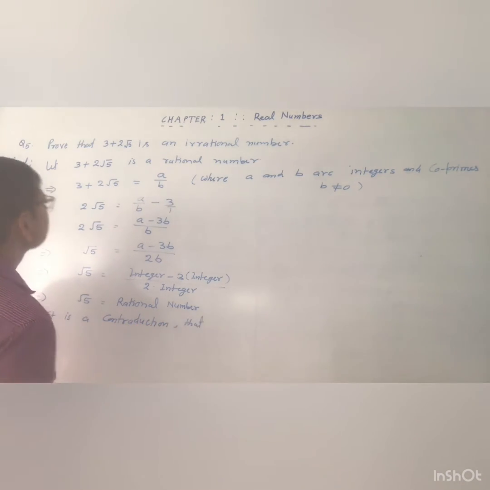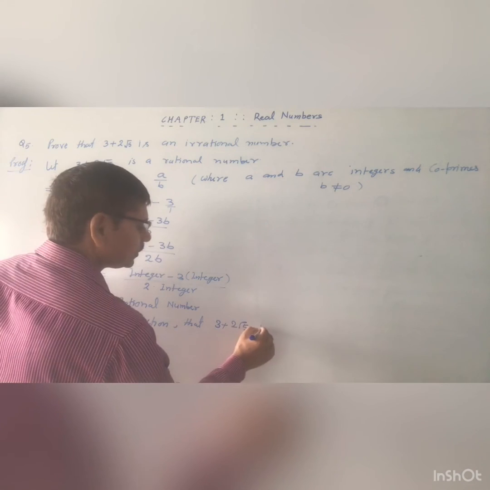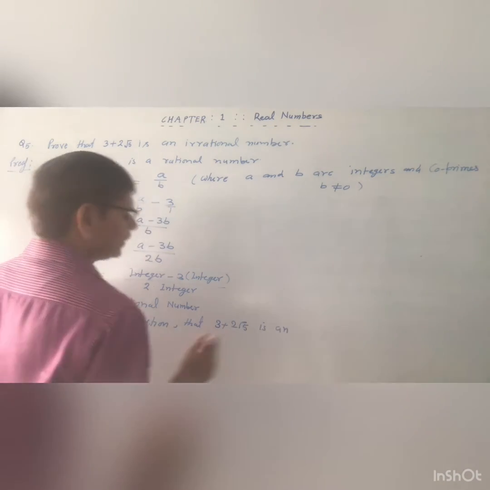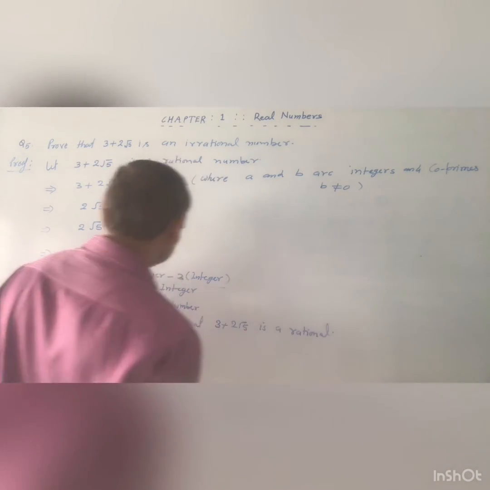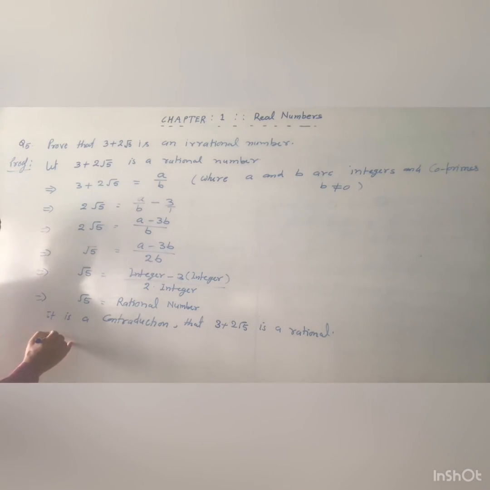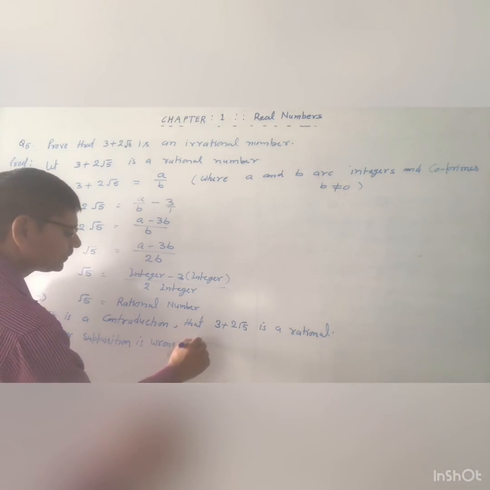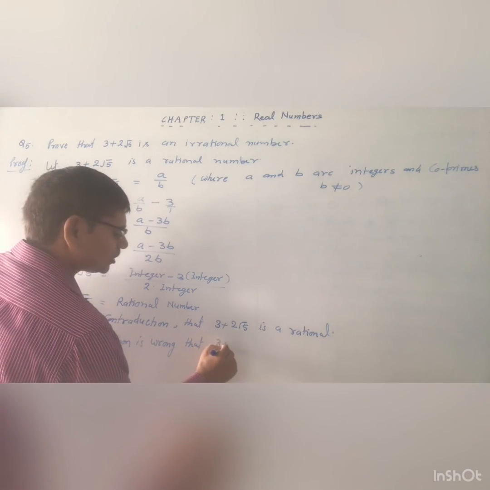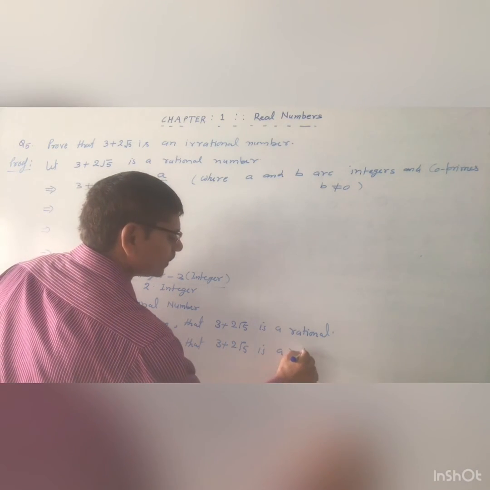Therefore it is a contradiction that 3 plus 2 under root 5 is a rational number.